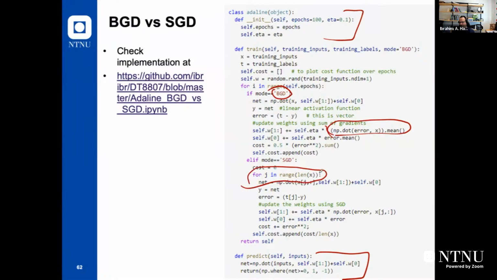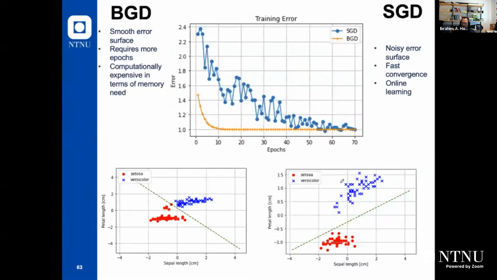It will be the dot product of omega multiplied by this x value plus omega 0. Once you have net, you can get y. From this you calculate the error. Once you have the error, you adjust the weights. As you can see, it will be error multiplied by input, not error multiplied by input dot mean, but error multiplied by input. This one will be eta multiplied by error directly. So now we can implement batch gradient and stochastic gradient descent.